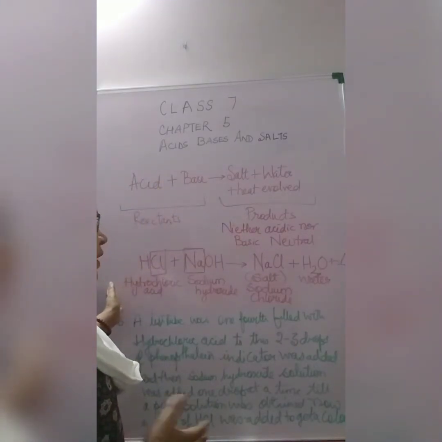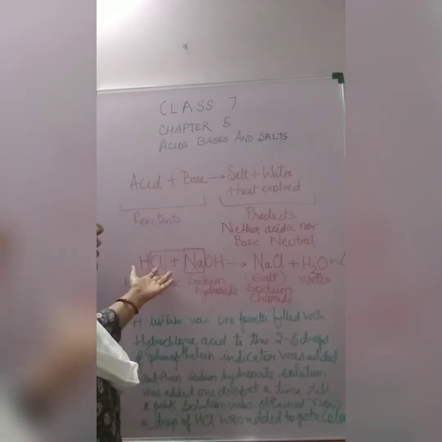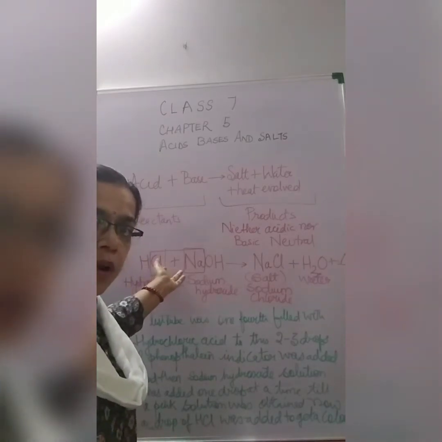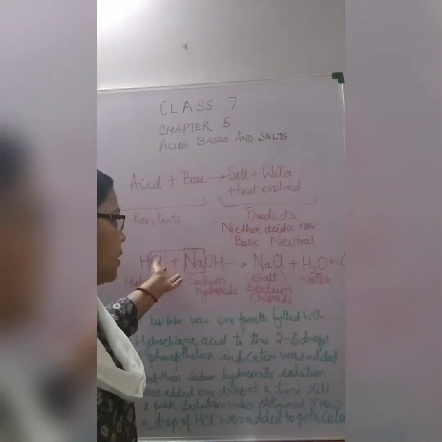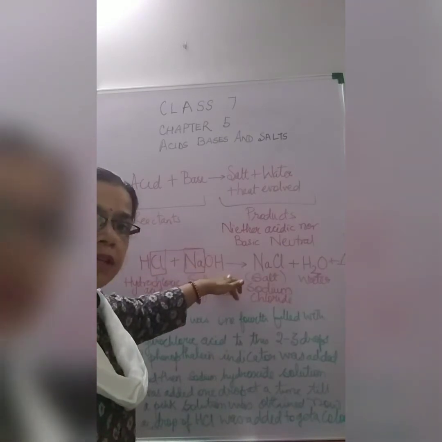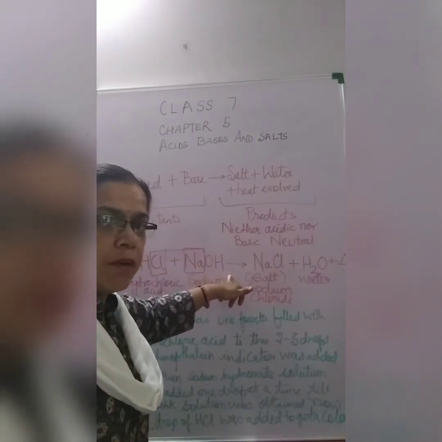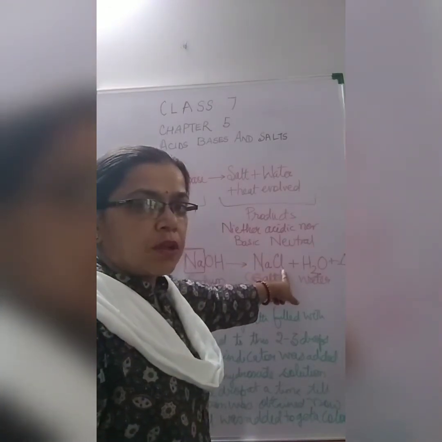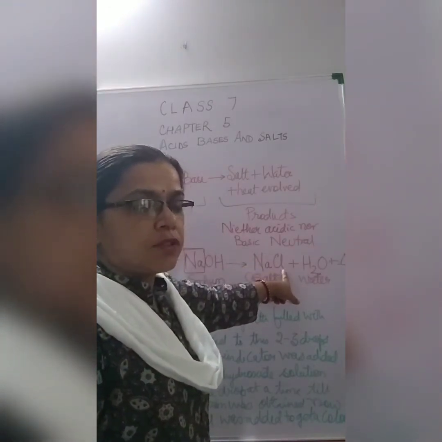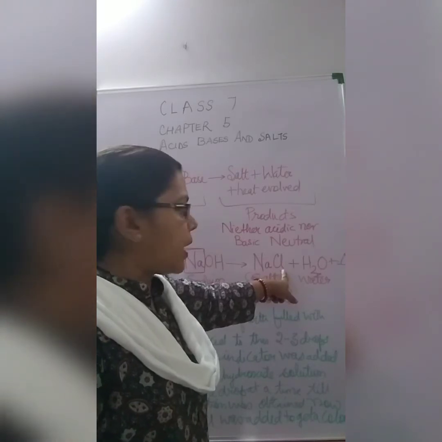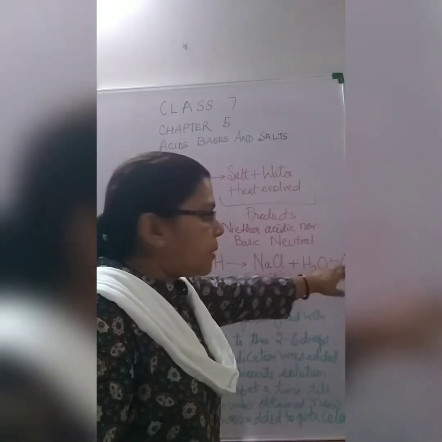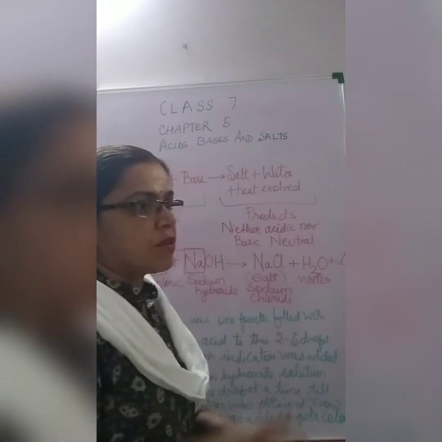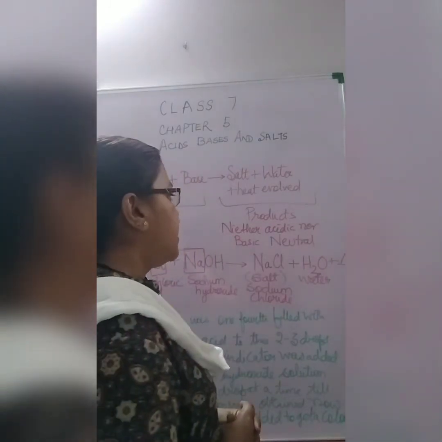Now here we have an example for you, where there is an acid known as hydrochloric acid. It reacts with a base known as sodium hydroxide. It forms salt, whose name is sodium chloride, and water. Plus, in some books it is shown as a delta, meaning heat.